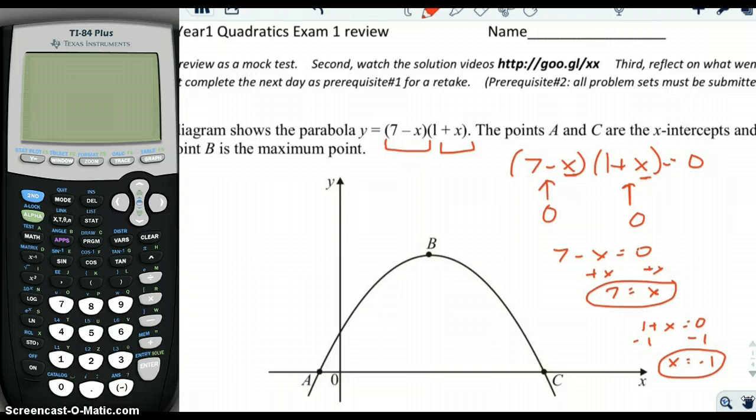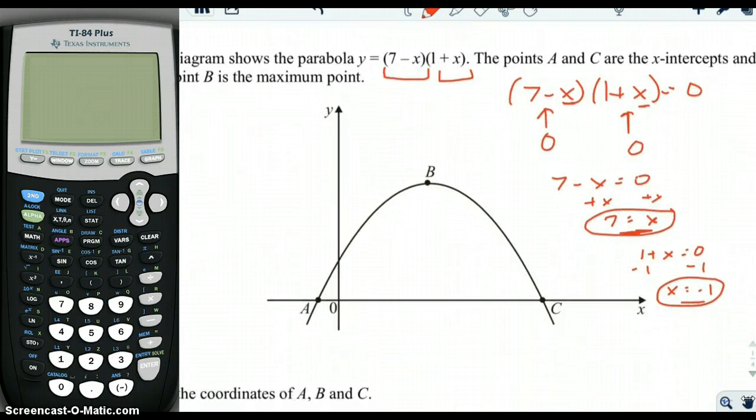So if one of the x-intercepts is 7, and the other x-intercept is negative 1, and we see the parabola drawn like this, we already know that one of the x-intercepts is here and one is here. It's pretty obvious now which one is 7 and which one is negative 1, right? This one would be 7 and this would be negative 1, because one of these is going to be to the left of the y-axis, that would be negative 1.